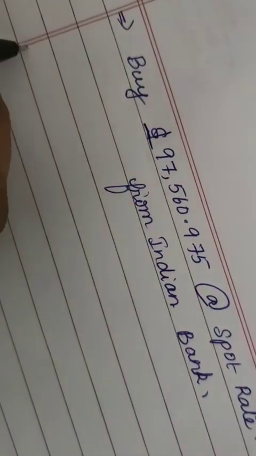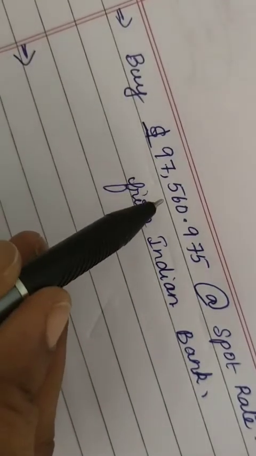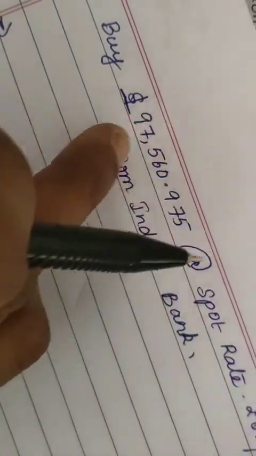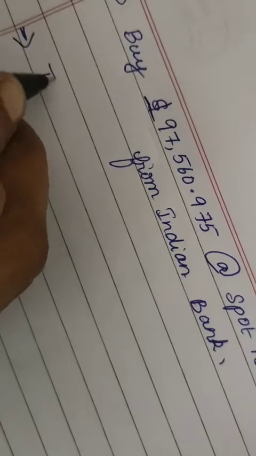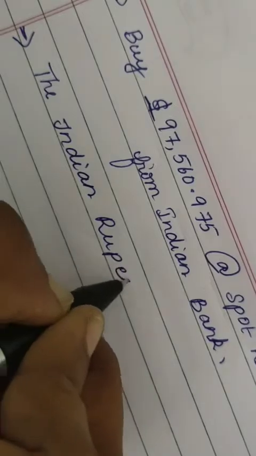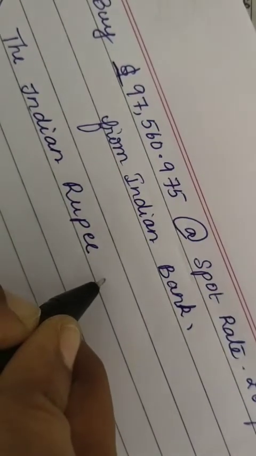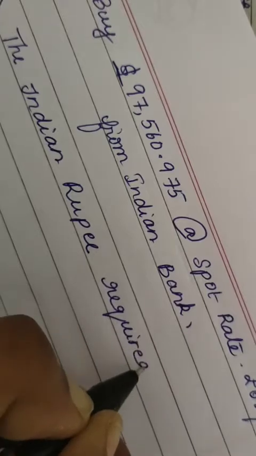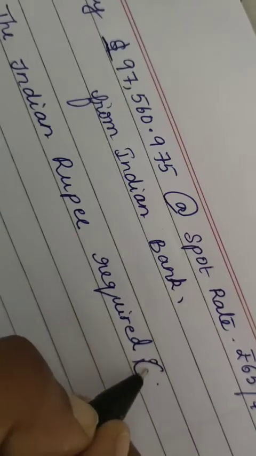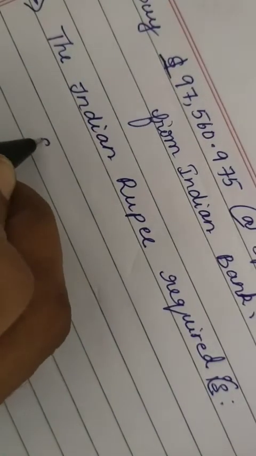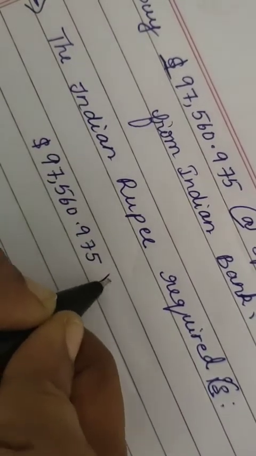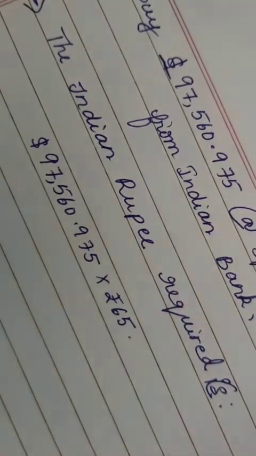Now to buy this $97,560.975, what is the Indian rupee you have to pay? That we can find out. The Indian rupee required is $97,560.975 into rupees 65.